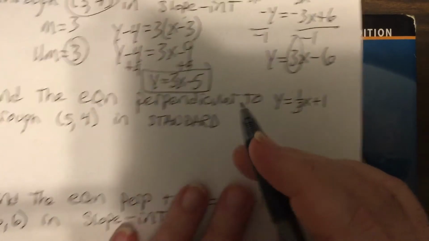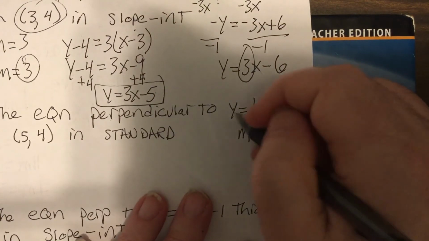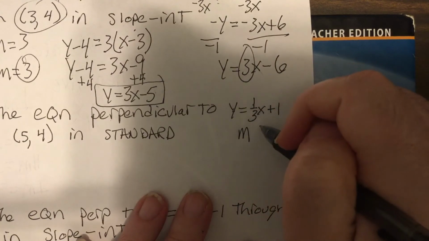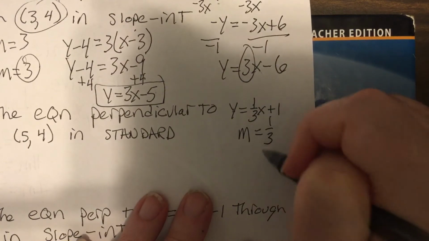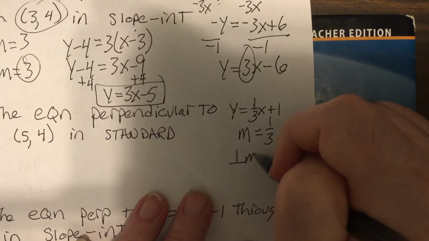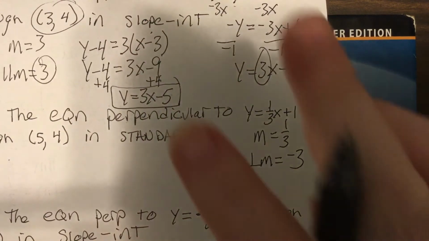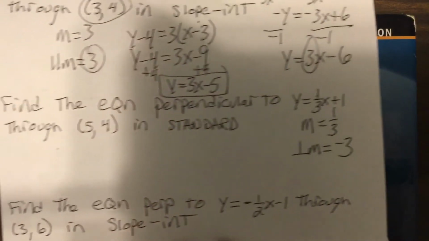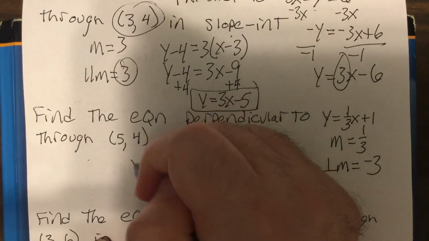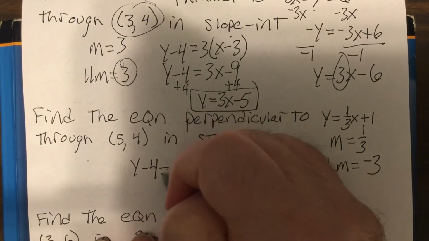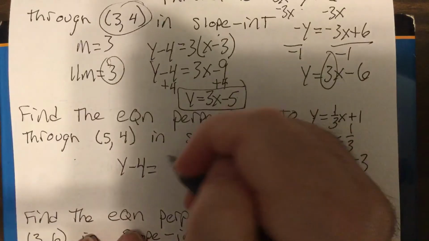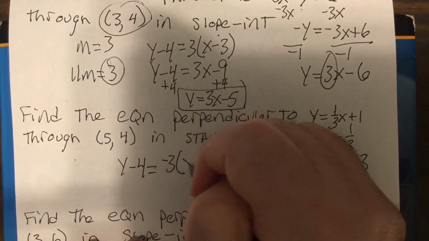Now, find the equation of the line perpendicular to y equals 1/3 x plus 1 through this point in standard form. Well, if we solve for y, the slope is 1/3. So the perpendicular slope would be negative 3. It's because it's negative reciprocal. You flip it. So I'm going to use this point. Y minus 4 equals the perpendicular slope, negative 3(x minus 5).